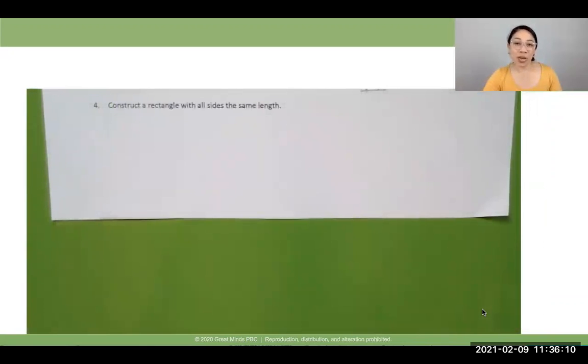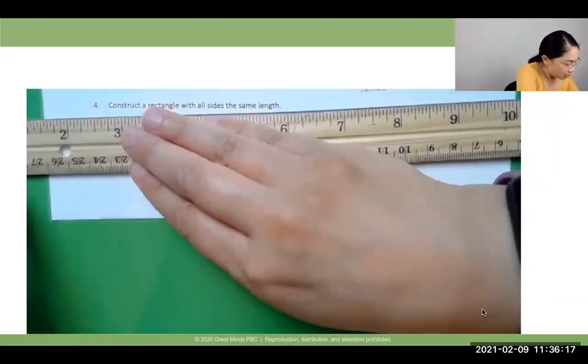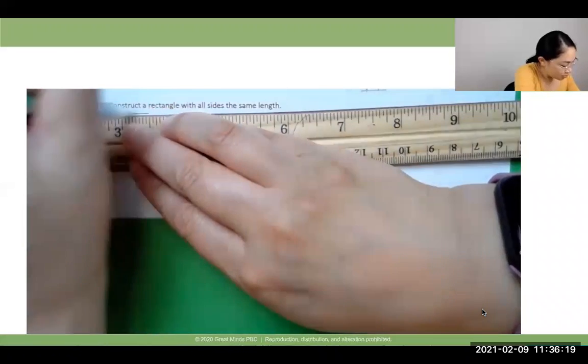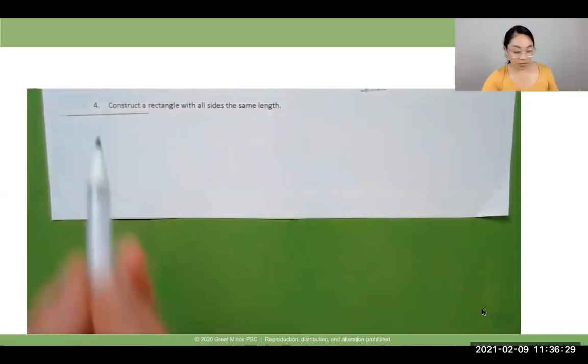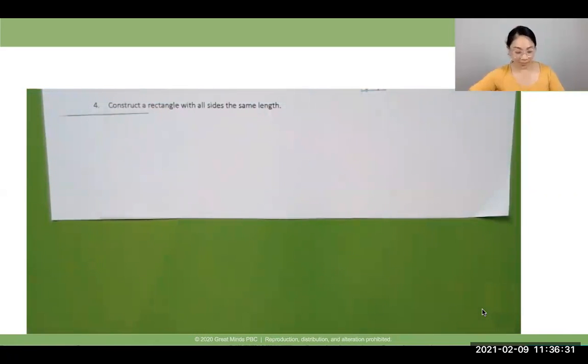First, draw a straight horizontal segment. Then, use your right angle template and your ruler to draw a segment that's parallel to the first segment.